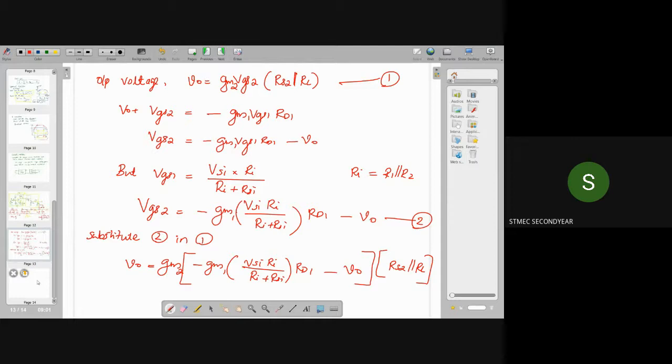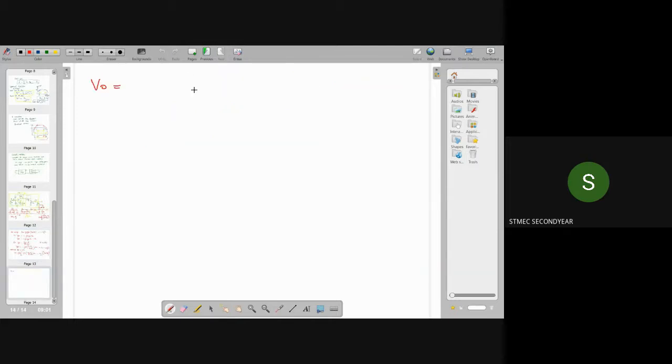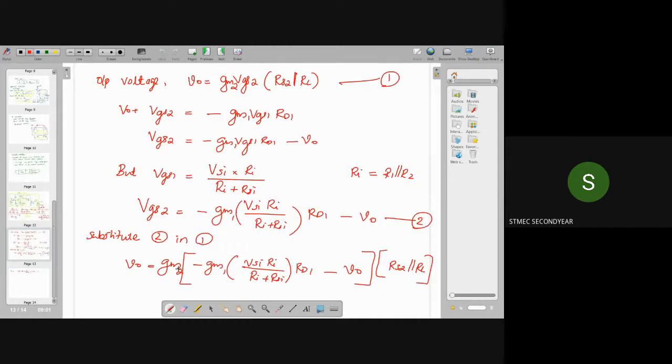So now I can write minus GM1 into GM2 into this Ri divided by Ri plus Rsi into Vi into Rd1, minus, so I'm multiplying with this GM2.